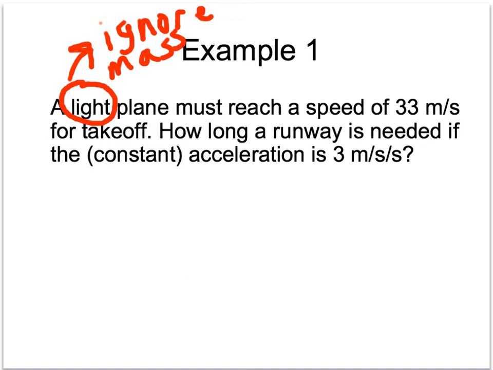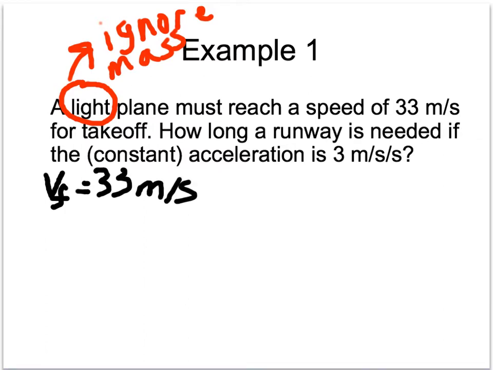So, first, I'm going to write down what I know. I know that the final speed of that plane is going to be 33 meters per second. So I'm going to say final velocity, 33 meters per second.